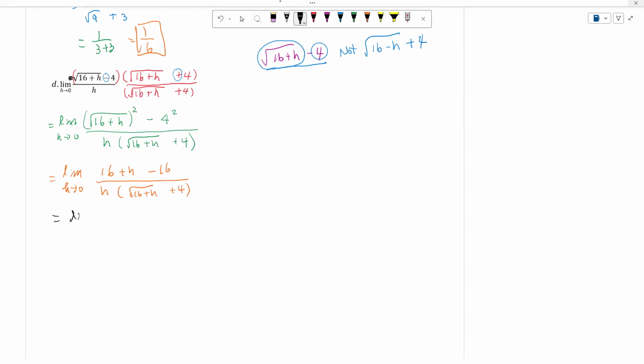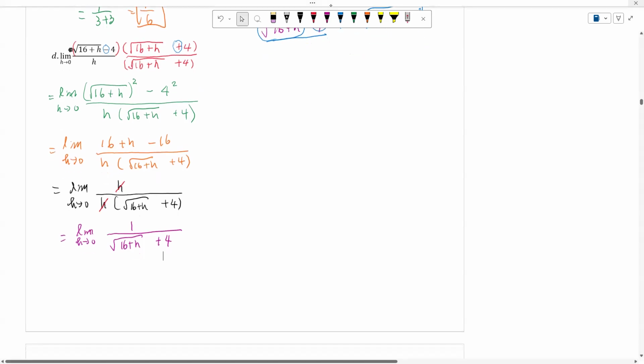Now we will have 16 minus 16 equal to 0, so I have h left. And of course, we can cancel this. So I have 1 over square root of 16 plus h plus 4.